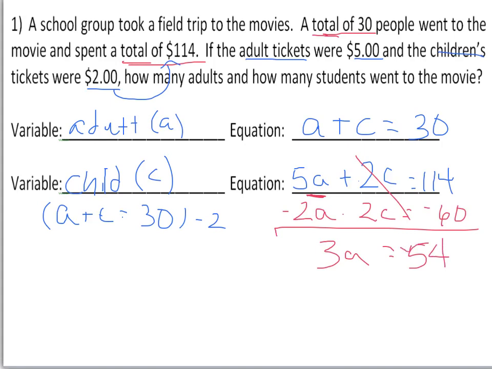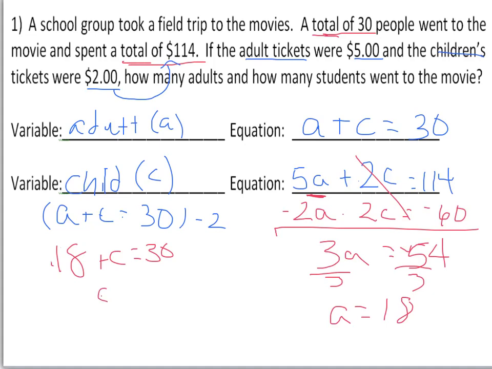Alright, now all I need to do is divide both sides by 3 to solve for A. So A equals 18. Now all I need to do is plug that into one of my two equations. So 18 plus C equals 30.